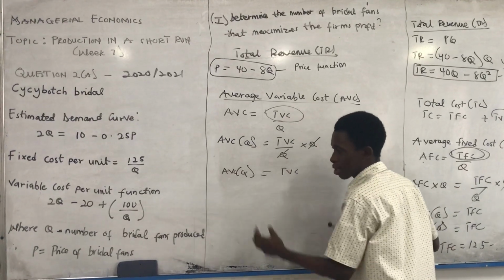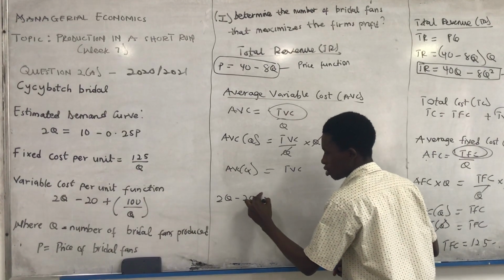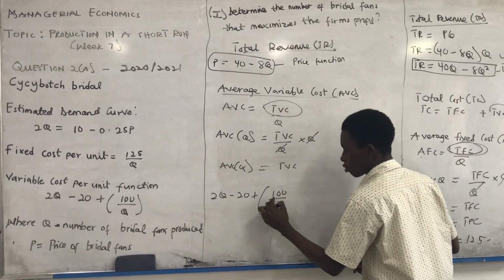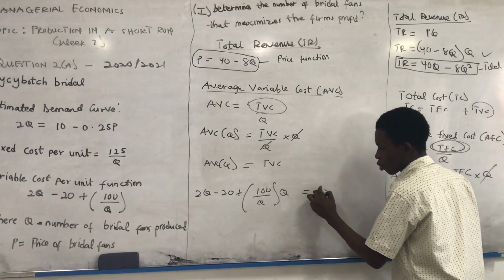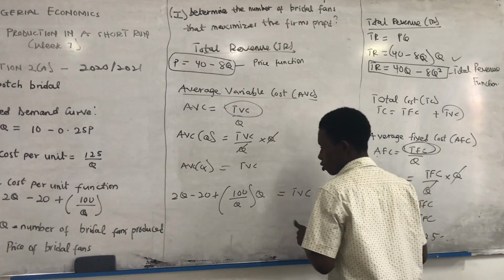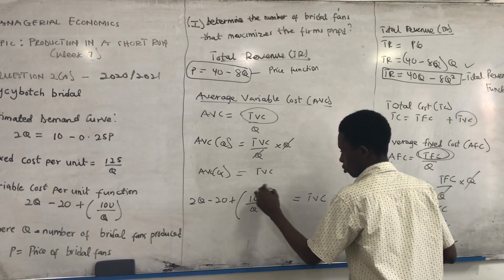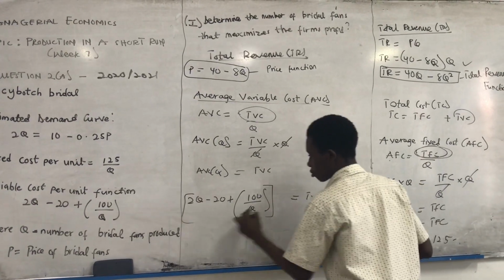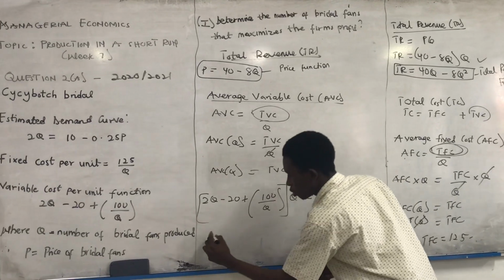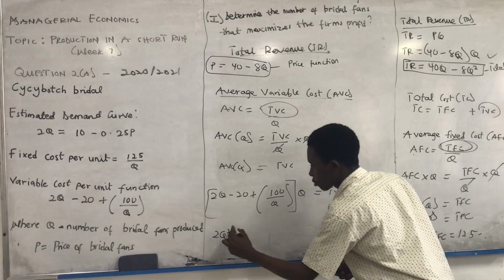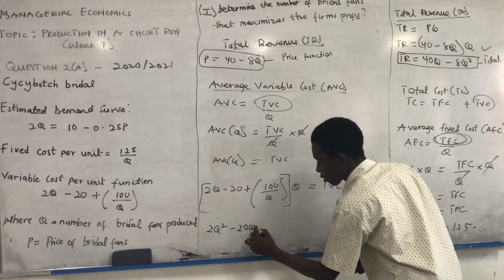So the AVC, what was it? We come and fix it here. We have 2Q minus 20 plus 100 over Q, and remember there is a Q outside. So this is equal to TVC. Now Q times 2Q will give you 2Q squared. Q times negative 20 will give you negative 20Q.